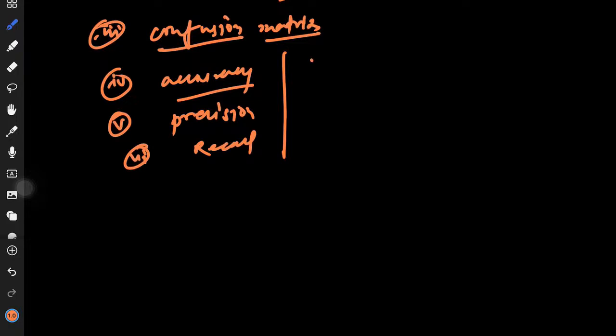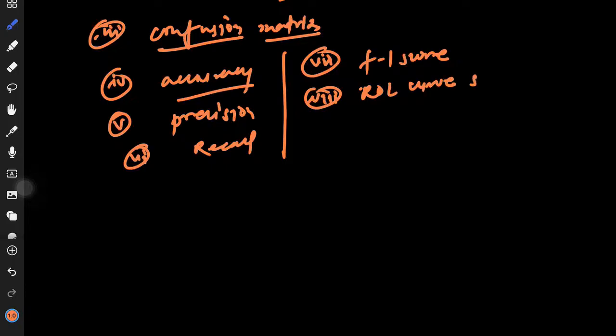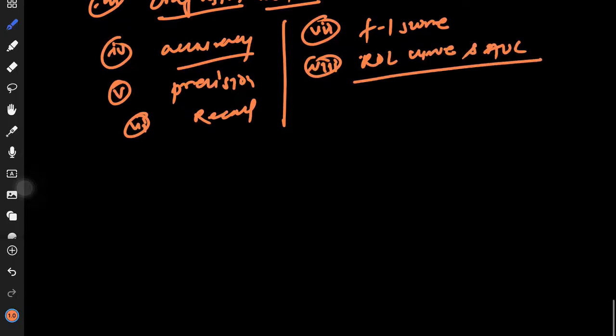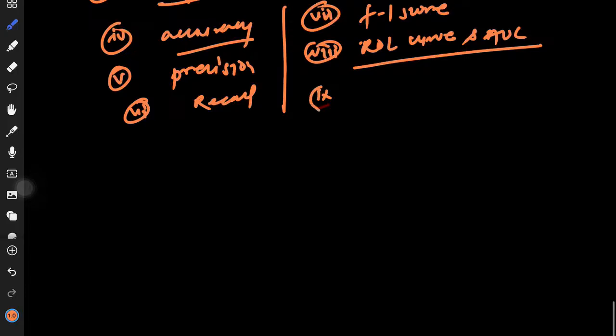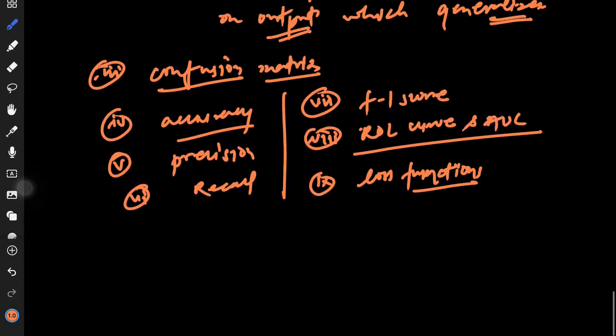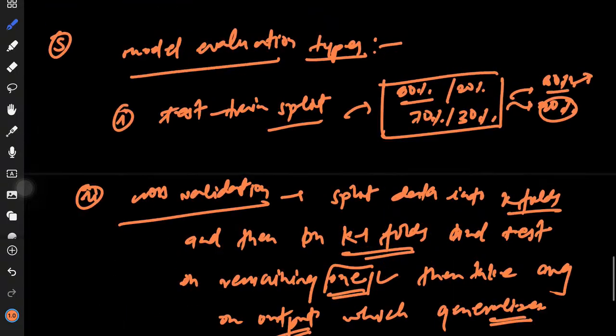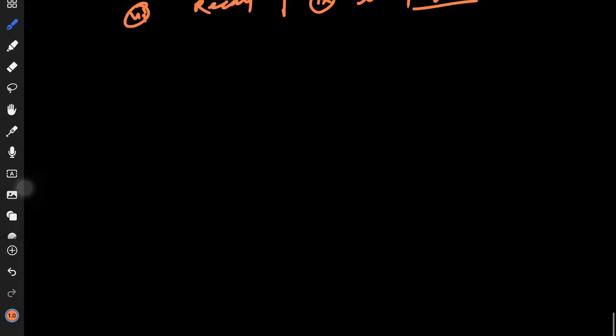Then we can use F1 score. Then we can use ROC curve and AUC, and loss functions. So these are the techniques which we can use for model evaluation purposes.